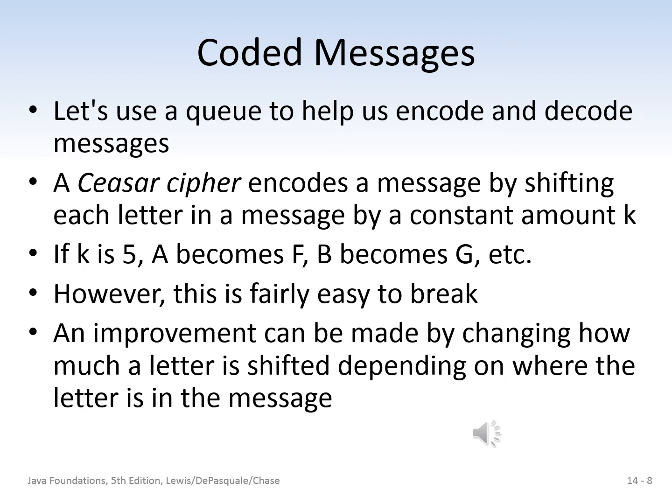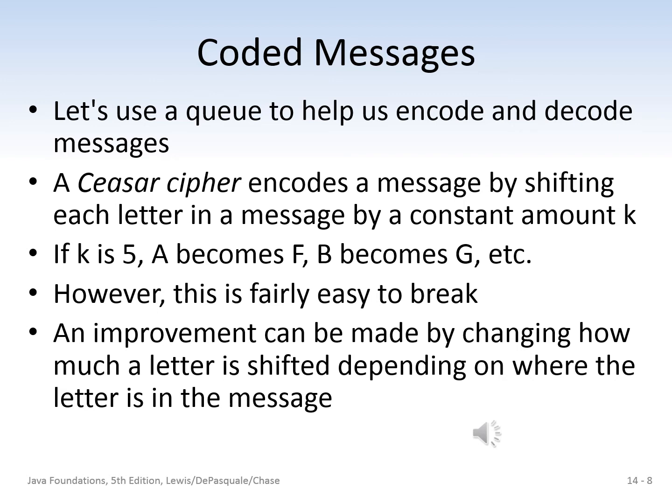So we're going to use a queue to help us encode and decode messages. So if k is a 5, A becomes F, B becomes G, etc. And it's fairly easy encoding to break. It's not something we would use to send a message to a nuclear submarine to attack another country.